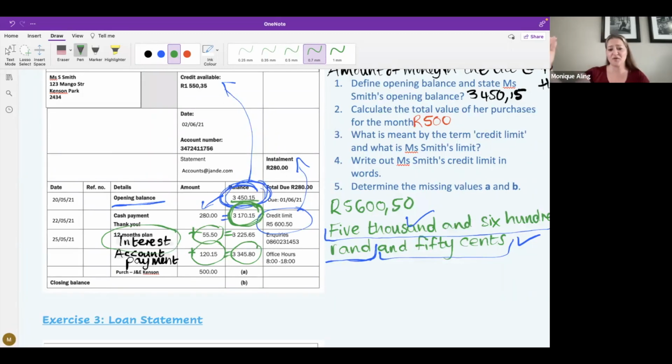Okay, so she started off with a balance. She paid some money. She brought that balance down, but then interest came into play, the account payment came into play. So now she currently owes J&E stores 3,345.80. Then she made a purchase, which means she now went and spent more money at J&E. She spent 500 Rand. So now her balance is going to increase again.